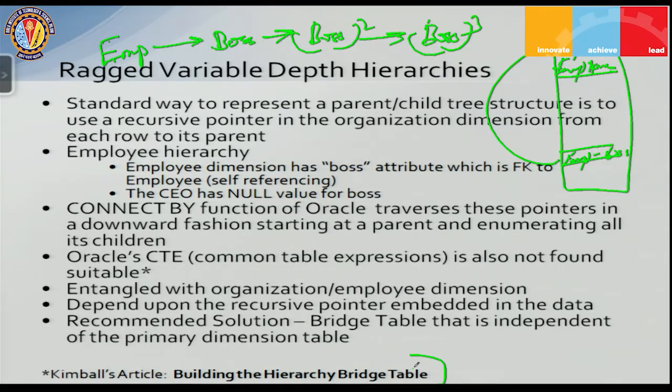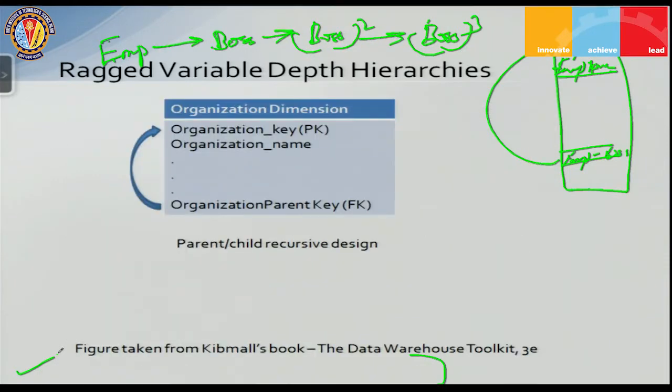Okay, and I strongly recommend that you read this article on building the hierarchy bridge table by Kimball. There you would actually find SQL scripts written which create these parent-child relationships. So this is one solution that we pointed out in the previous slide.